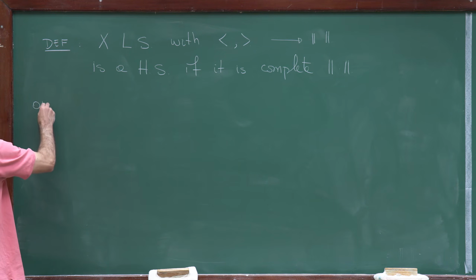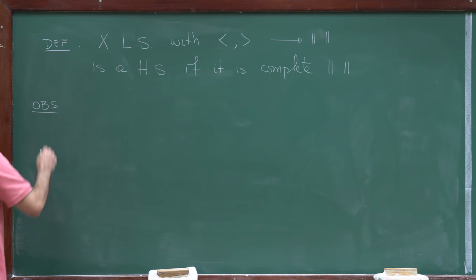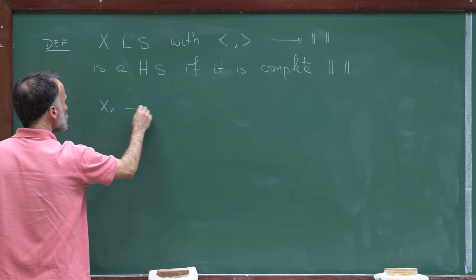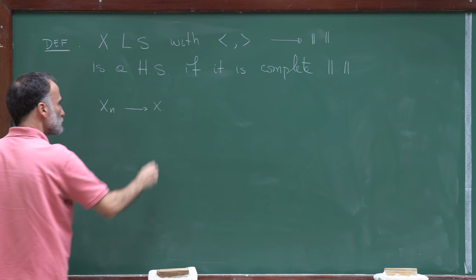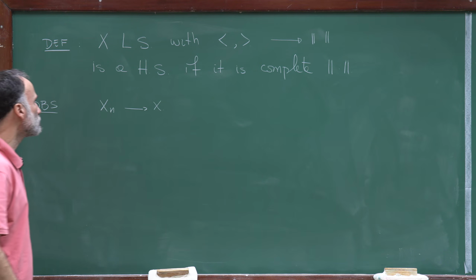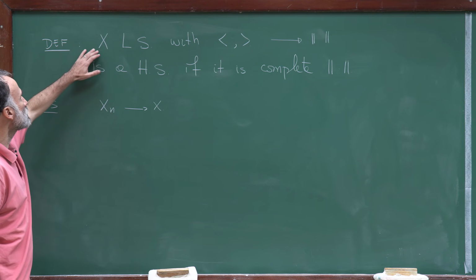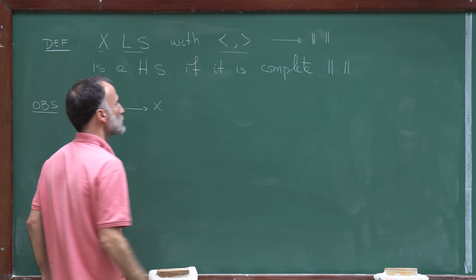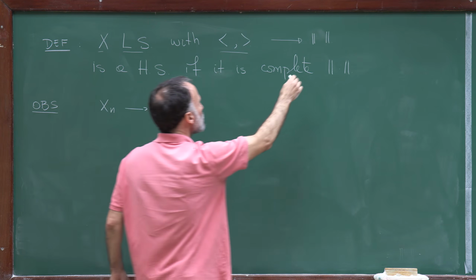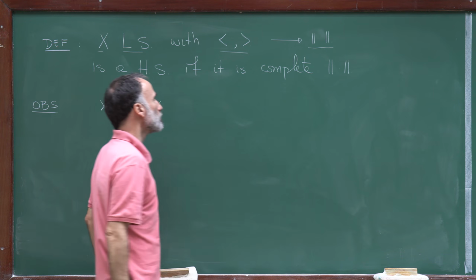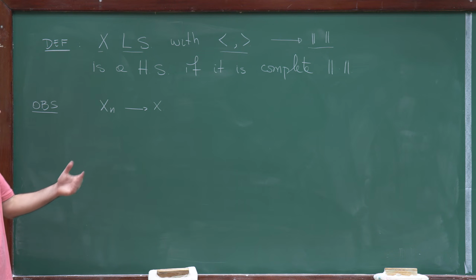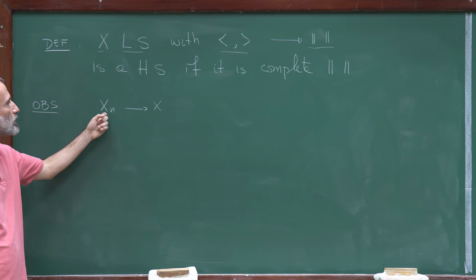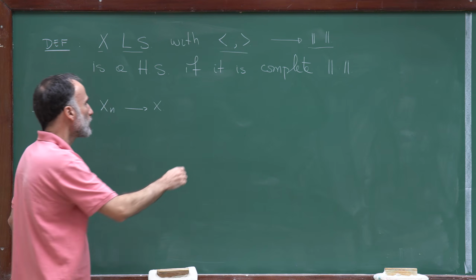So an observation. Well, consider a sequence xn converging to x with respect to the norm. Right? So I'm considering here X, a linear space, which has a scalar product, and from that scalar product we define the norm. So once we have a norm, we have a topology. So now let's consider a sequence xn converging to x.